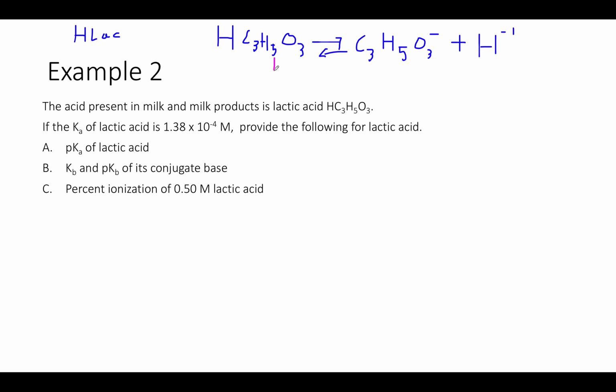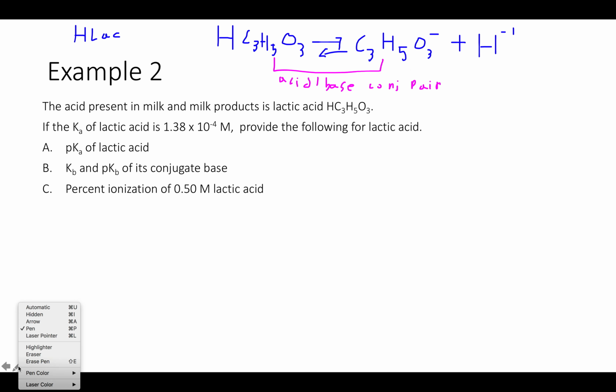Important to note here, this is the acid-base conjugate pair. You have the lactic acid, and the conjugate base of the lactic acid is the C3H5O3 minus ion. It lost the hydrogen. That's the difference between the acid and the conjugate base.